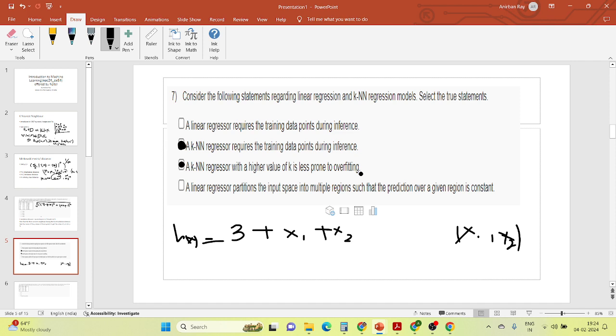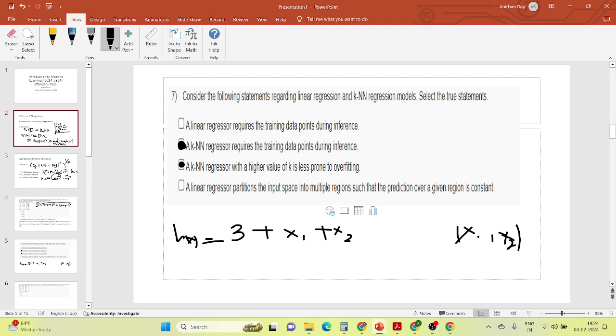A linear regression partitions the space into multiple regions such that the prediction over a given region is constant. So that is not true. Linear regression is along a line. It fits a line, and the line predicts the value. Okay, and this is like the classification one.